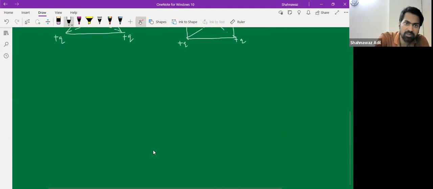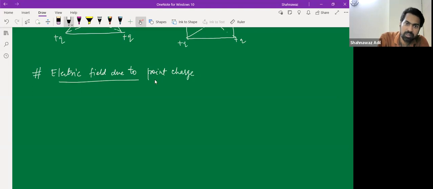Then we also know that the electric field due to a point charge is E equals KQ by R square R hat.